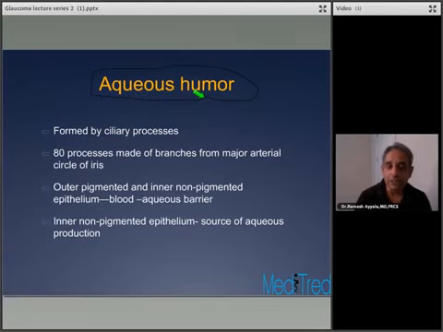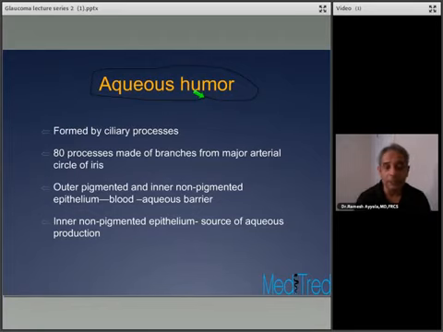Two, once it provides nutrition, it has to take away the waste products. Three, by maintaining an optically empty quality, it is helping to get the light across to the retina, and that way we can actually see. So the optical quality of the aqueous humor is also important, right? And so those are the three major functions.